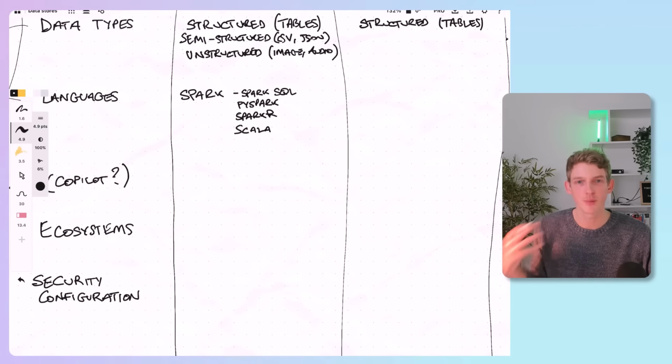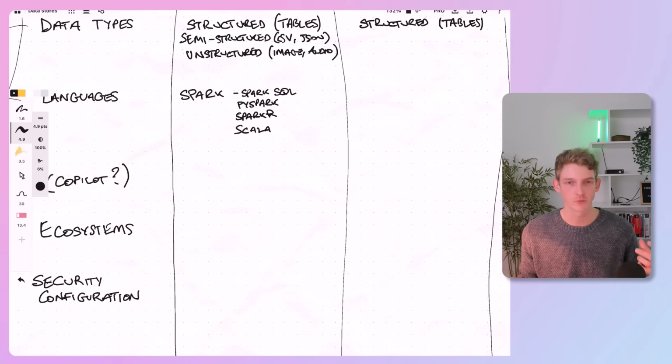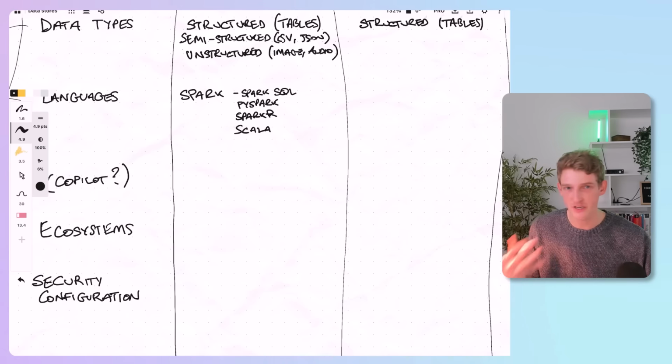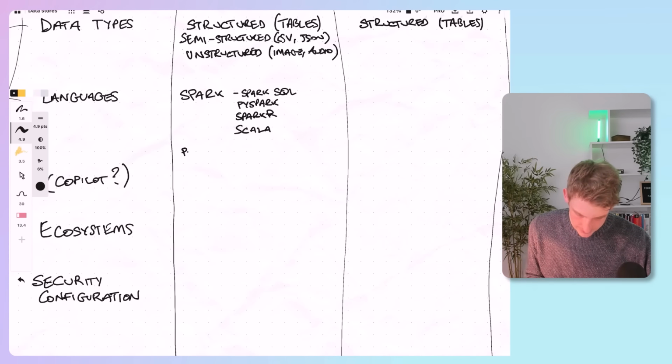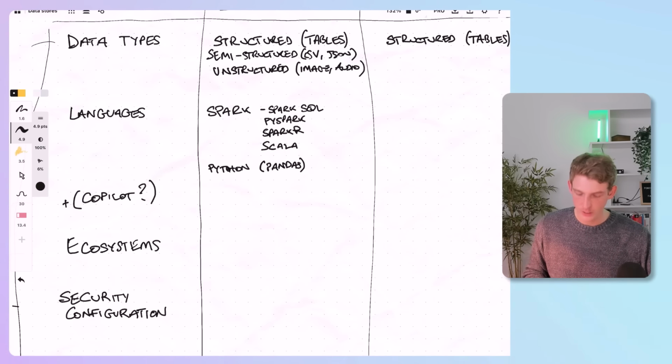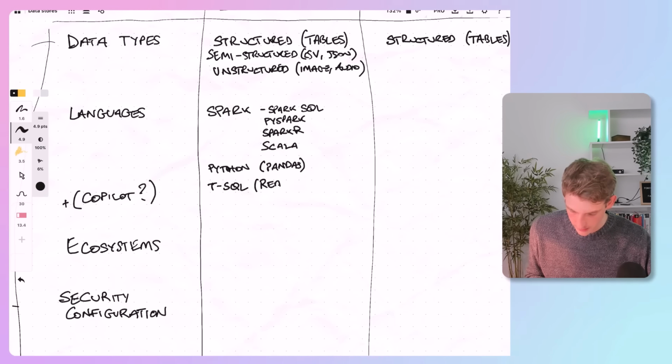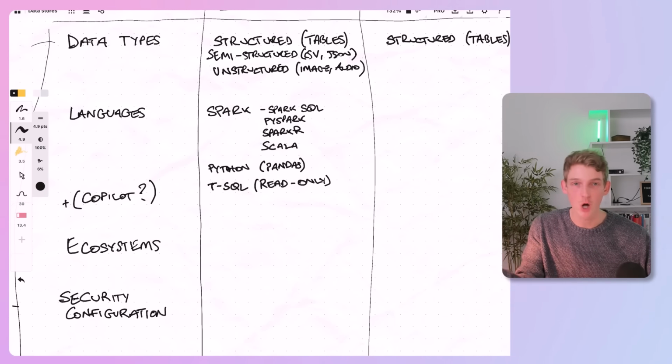Now on top of the Spark languages, we can actually also write just raw Python, right? So Pandas, Matplotlib, Seaborn, all those traditional Python languages as well. And on top of that, we can also actually write T-SQL as well in the Lakehouse via the SQL endpoint. But that's going to be read only, right? So we can do select statements, but we can't do inserts, updates, deletes, any of that stuff.